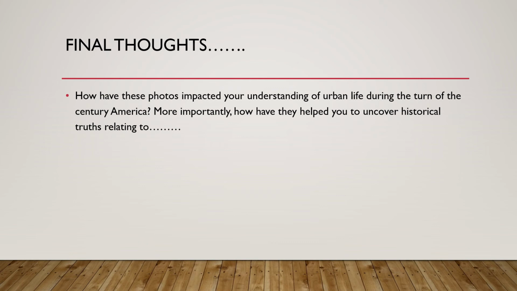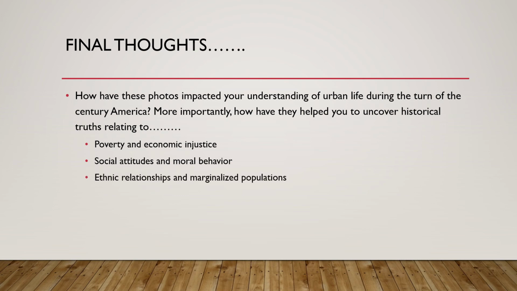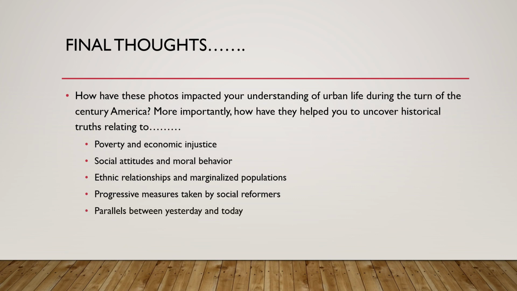More importantly, how have they helped you to uncover historical truths relating to poverty and economic injustice, social attitudes and moral behaviors, ethnic relationships and marginalized populations, progressive measures taken by social reformers, and finally, what parallels between yesterday and today can we see in America's inner cities?